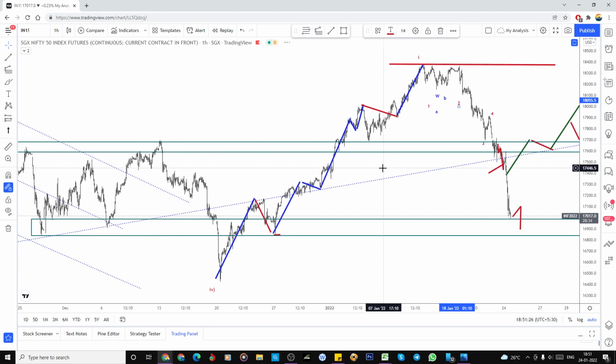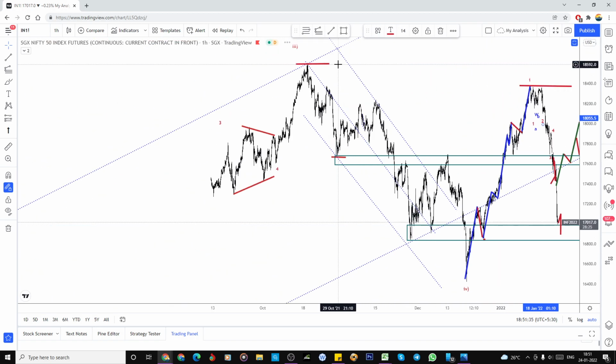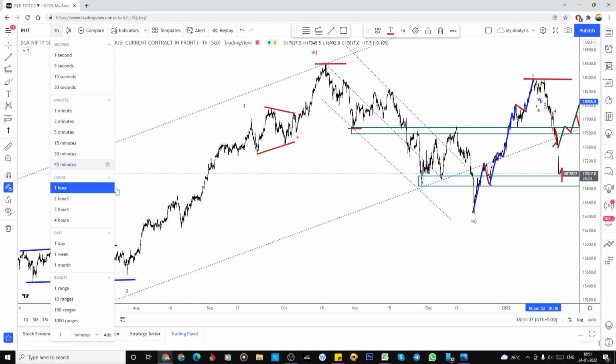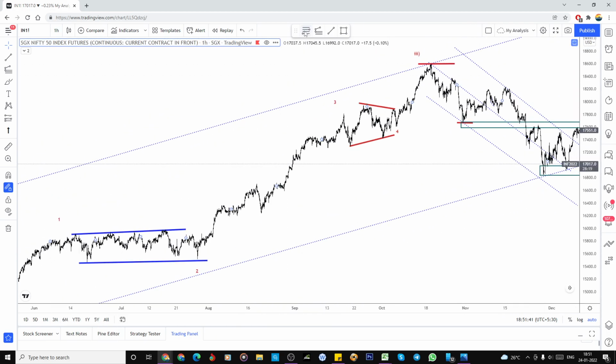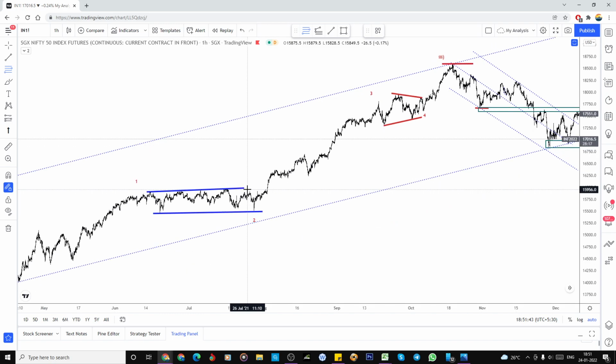Once we are expecting this kind of deeper correction, sometimes if it is in the 23.6 or 38.2, it will keep shooting. For example, we have a lot of examples I can show. See here, this is the one, this is the two. What does it mean here?